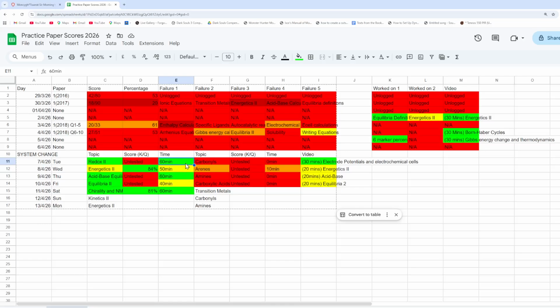Doesn't mean I did 60 minutes only. I might have spent an hour and a half on this, but very slowly, very inefficient. So I was taking up an hour and a half, 2 hours of my time revising, but only doing 60 minutes of solid work. That's why I put this, but we have basically been working solidly for 60 minutes, so I'm quite confident to say this is 60 minutes.